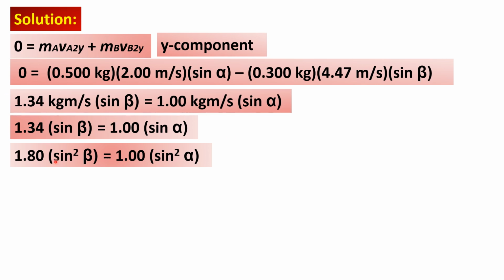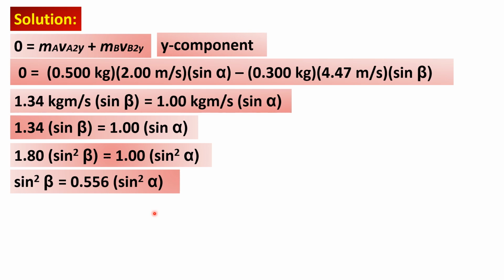Square of 1.34 is 1.80, multiplied by sine squared beta. On the right side, of course, the square of sine alpha is sine squared alpha. Square of 1 is 1. And dividing both sides by 1.80 to isolate sine squared beta, we get sine squared beta is equal to 0.556 multiplied by sine squared alpha. So we say that this is our working equation number 2.